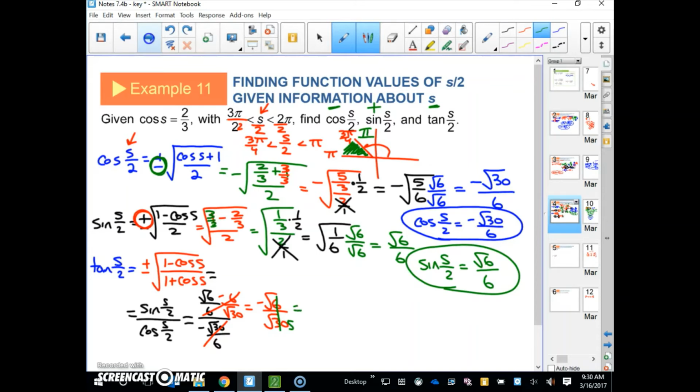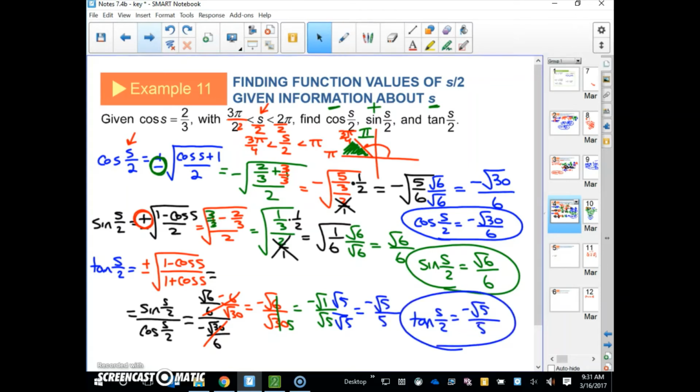So that's going to be negative square root of 1 over square root of 5 now. Okay, let's rationalize. This isn't the only way of simplifying, but it's one way. We have negative square root of 5 over 5. And so tangent s over 2 is negative square root of 5 over 5.